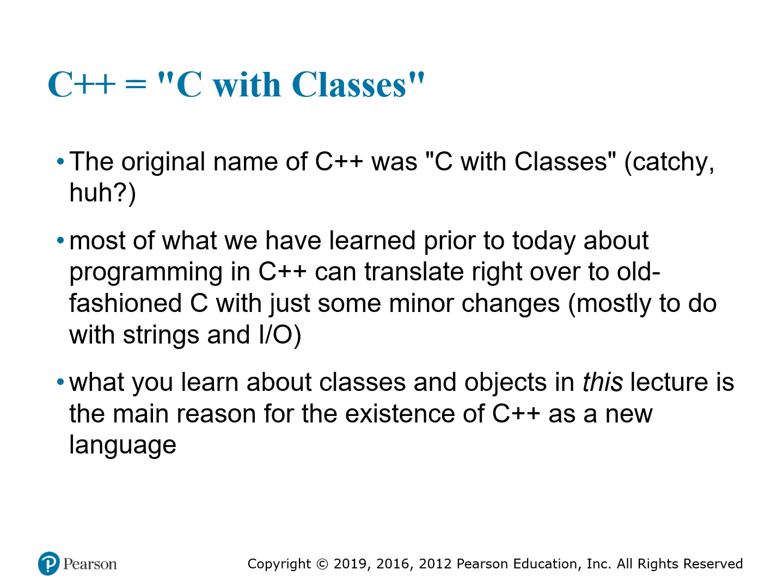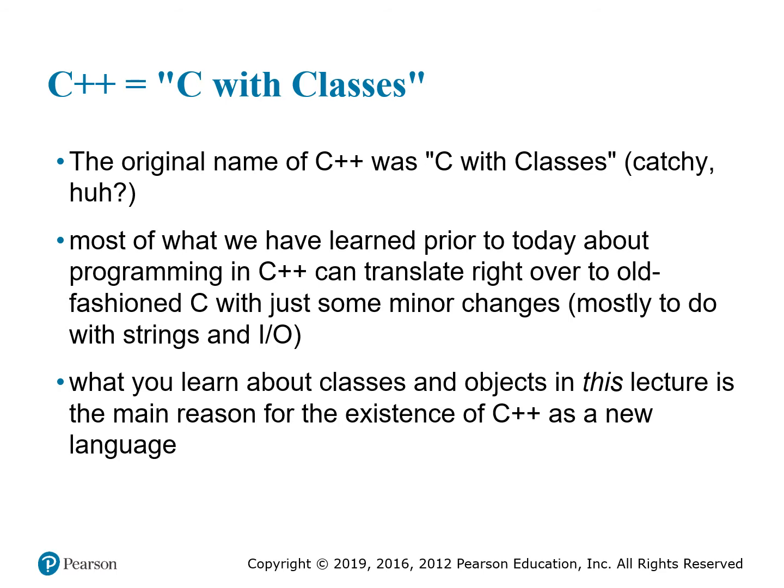So most of what we've learned prior to this lecture today about programming in C++ can translate right over to old-fashioned C with just some minor changes. Those changes mostly have to do with the fact that you can't use string objects in C because it's not object-oriented, and you can't use stream IO operators like cin and cout in old-fashioned C because they're also object-oriented.